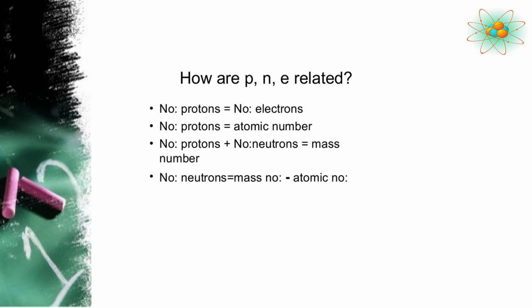The number of protons is equal to the number of electrons. The number of protons is equal to the atomic number. The number of protons plus the number of neutrons will give you the mass number. So see, they are all related because they are what really make up the atom. Okay, so I hope everything is clear.